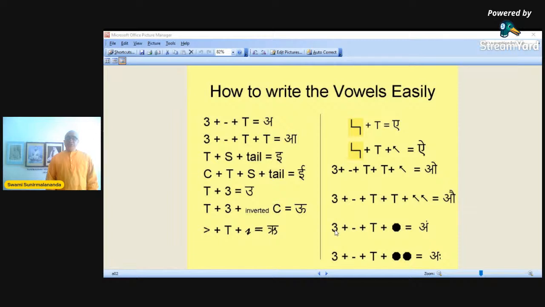There are these last two vowels. You write number 3, add a hyphen, add T and a dot, it becomes Am. Again you add 3, hyphen, letter T and 2 dots, one below the other. It becomes Aha. Thus you have all the vowels at hand.